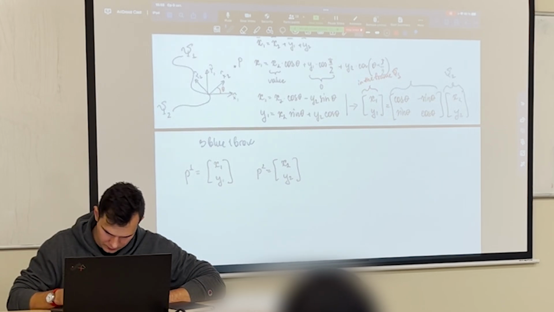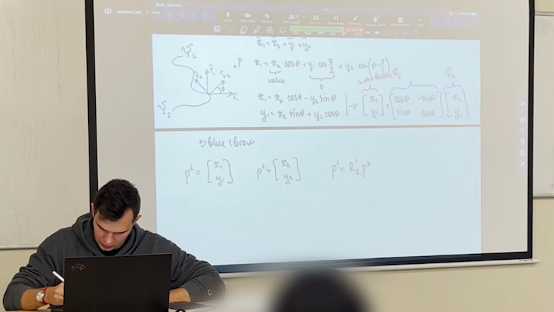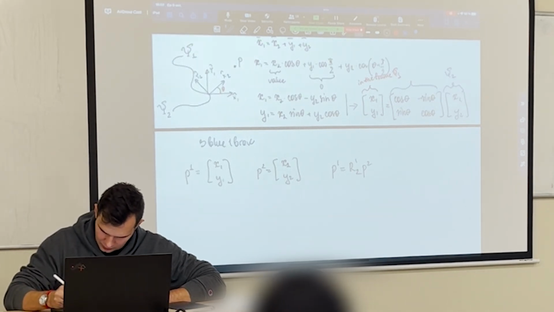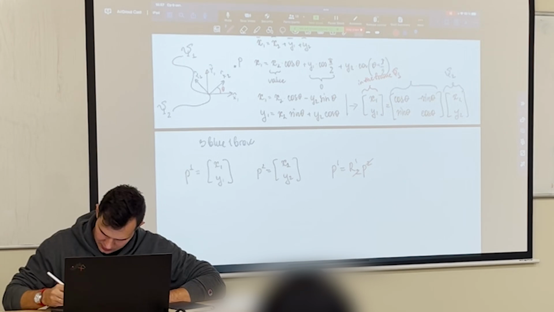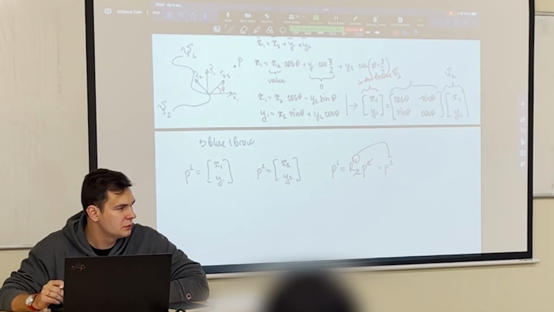And the notation will be P1 equals R1,2 P2. You can think like, we can do like this, and you will get P1. Just a mnemonic rule to understand.